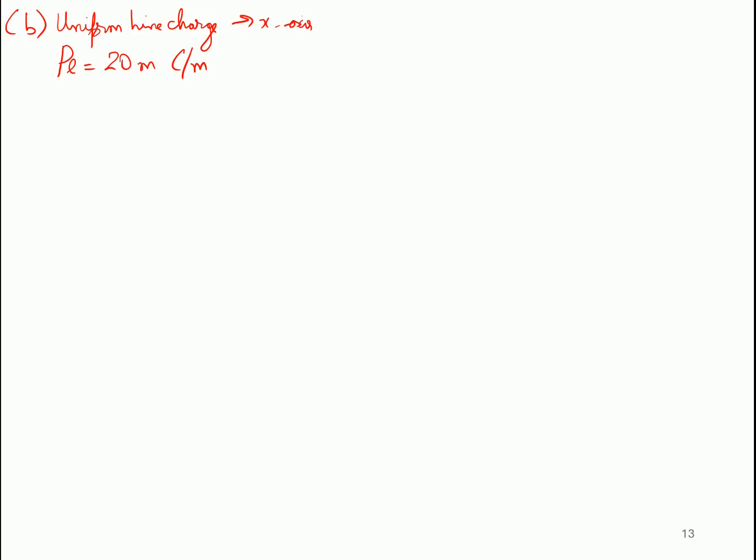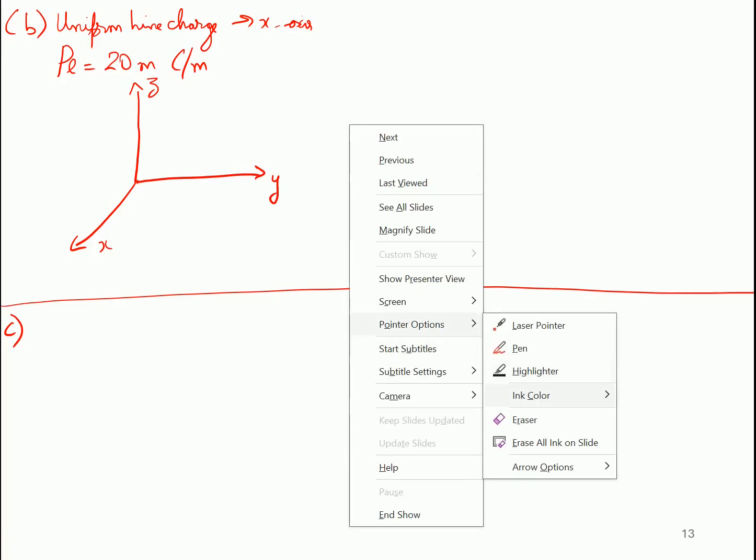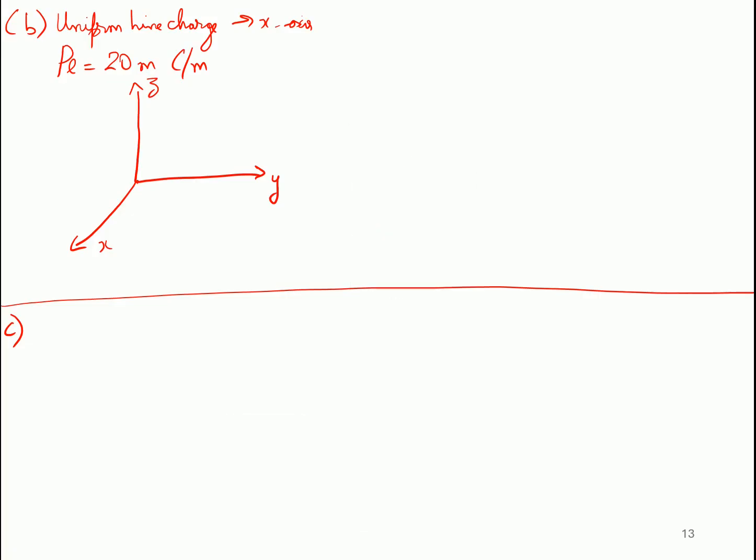Let me put this space so that we can do the third part over here. So if I draw this again, I'll make my axis. This is y, this is x, and this is z. This is the origin, and the line is along the x-axis. So let me draw the line with a different color so this becomes clear.